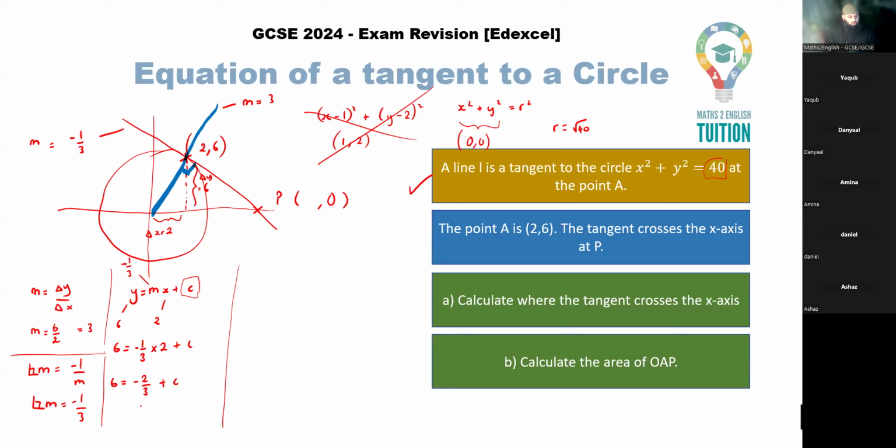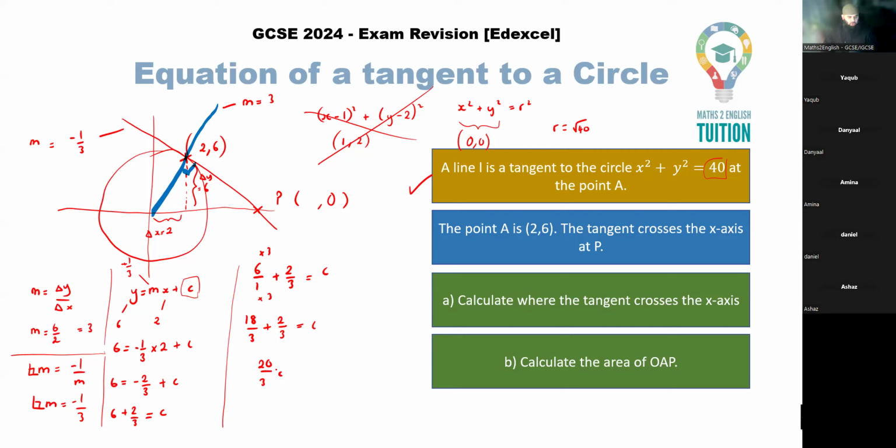We're going to move this over to the other side, so we have 6 plus 2 over 3 equals c. If I want to turn this into a fraction, 6 over 1 plus 2 over 3 equals c. If I multiply this by 3, I got 18 over 3 plus 2 over 3 equals c.